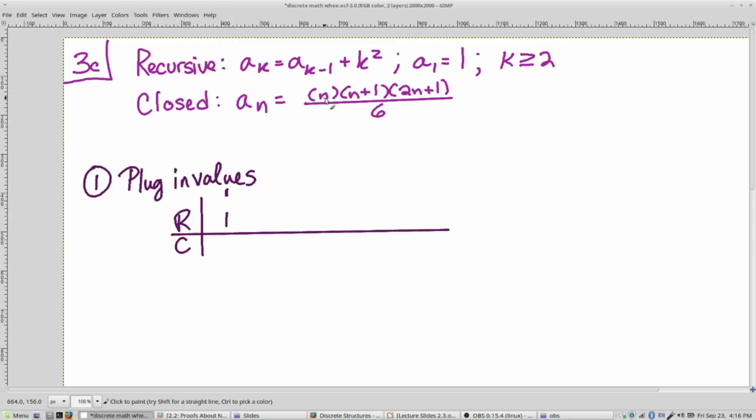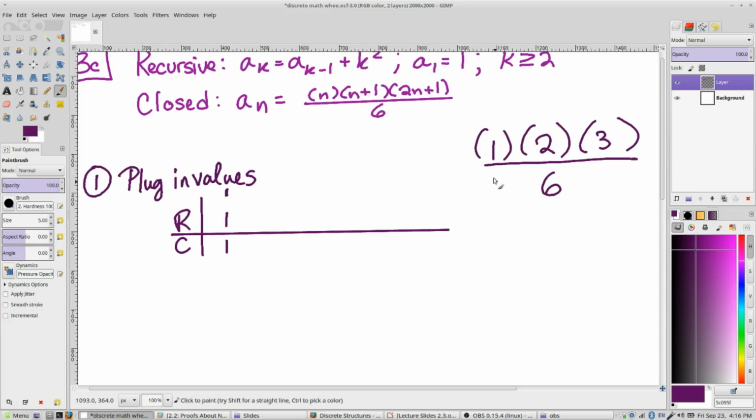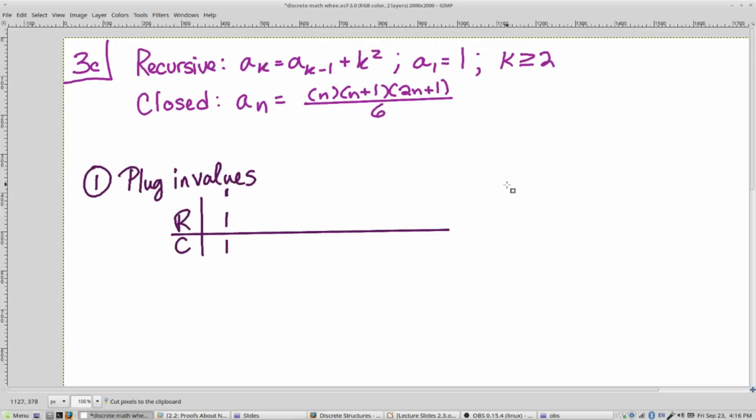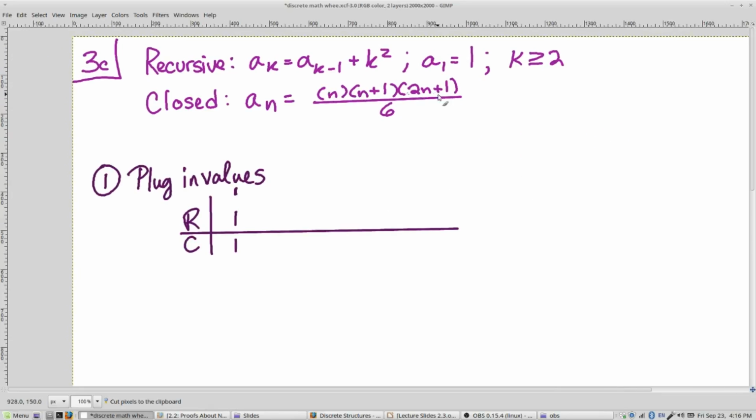So it'll be 1 times 2 times 3 over 6. This ends up being 1 times 2 times 3, which is 6, so that also ends up being 1. So, yay, we get to work with fractions. Aren't you excited? It's always the best when we get to do a polynomial on top of a fraction.